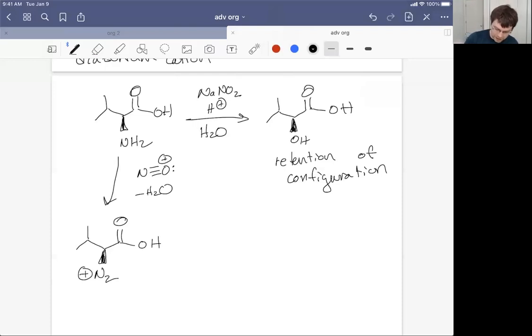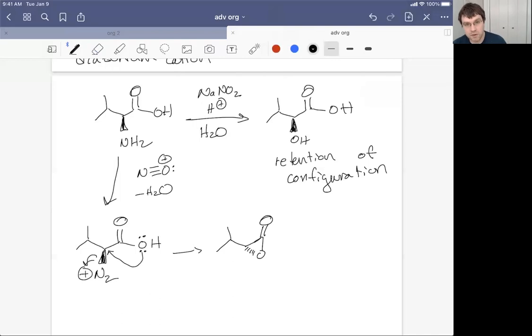Instead, the carboxylate adds by way of its lone pair. So this lone pair comes and adds and kicks off N2 because N2 is such an amazing leaving group. That gives rise to a molecule called an alpha lactone with complete inversion of configuration.